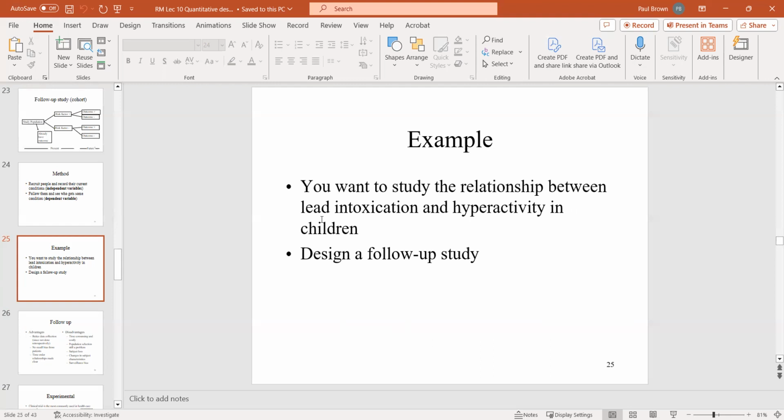But if you do a follow-up study, then you can tell, because you're essentially starting with kids who are going to get exposure versus not exposure, and then seeing whether or not it's associated with seizures. So you're much more likely to be able to see the causal relationship. So the advantage of a follow-up study is that you can get at the causal relationship.